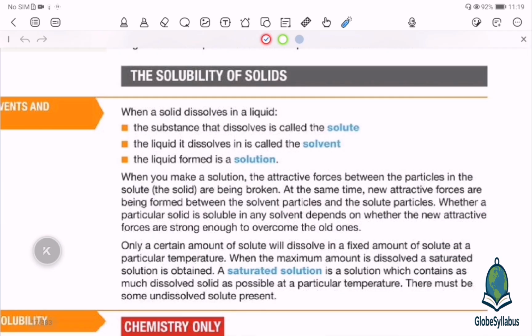There's another term you need to know, which is saturated solution. What is a saturated solution? A saturated solution is a solution that cannot dissolve more solute at a specific temperature. I will write it down.